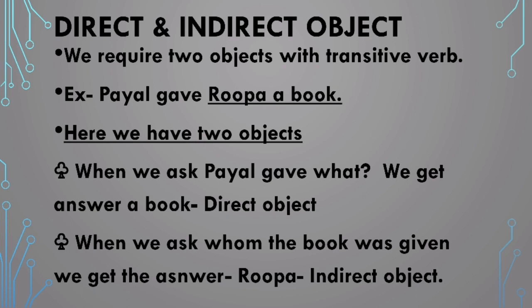Book is the direct object. And when we ask whom the book was given, book किसको दी गई थी? We get the answer Rupa, and that is the indirect object. So students, direct objects basically include non-living things, and indirect include living things. Okay, so these are the two kinds of objects. Direct object, non-living things; indirect object, living things, right?